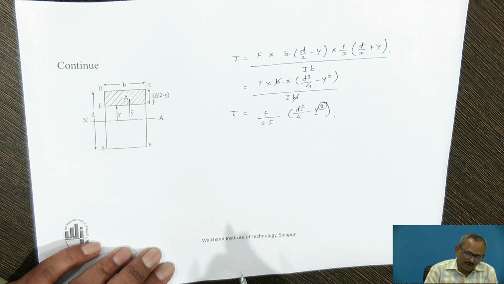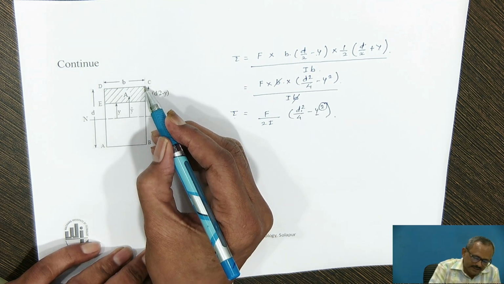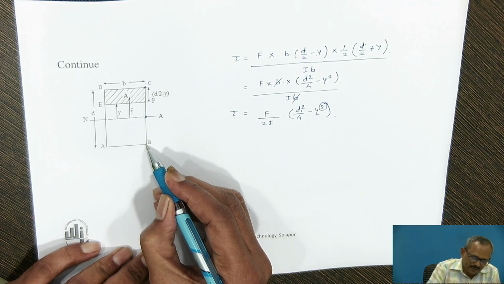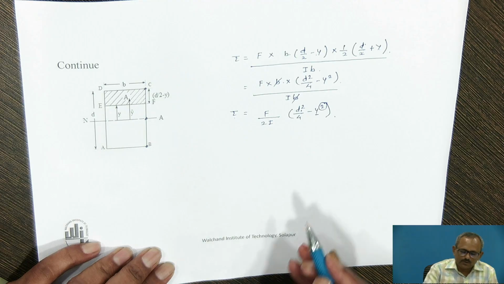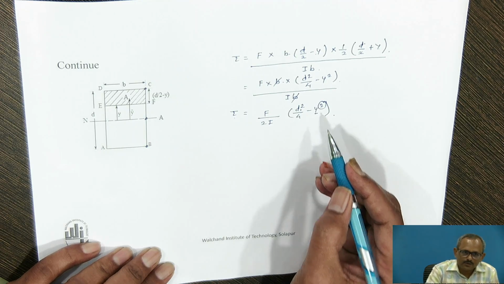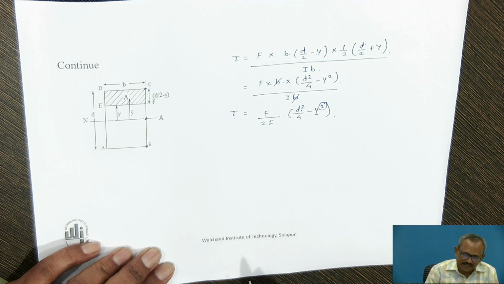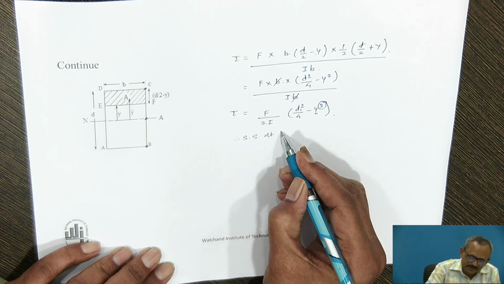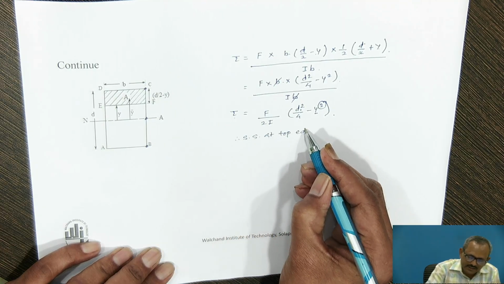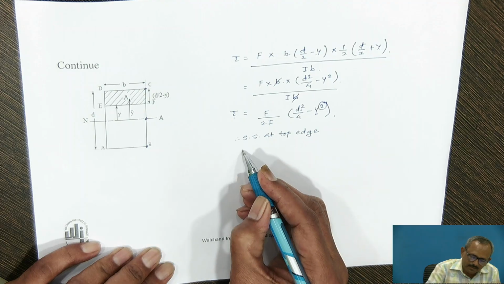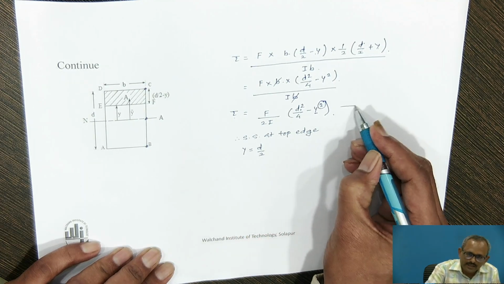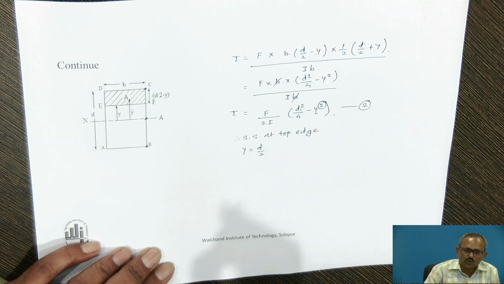So if I want to calculate the shear stresses at various levels, such as the top edge, the neutral axis and the bottom edge, I have to put the value of y to get the shear stresses. Hence, shear stress at the top edge of the rectangular section can be obtained by putting y equal to d by 2 in equation number 2.